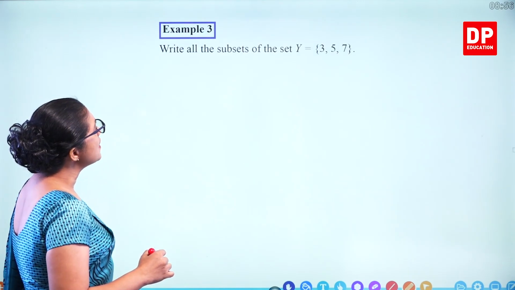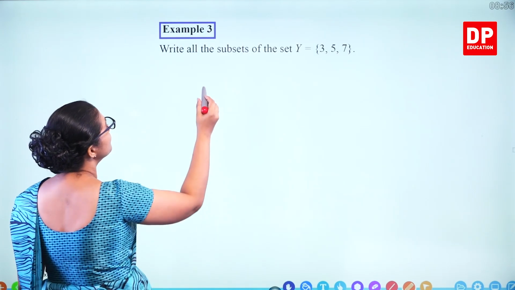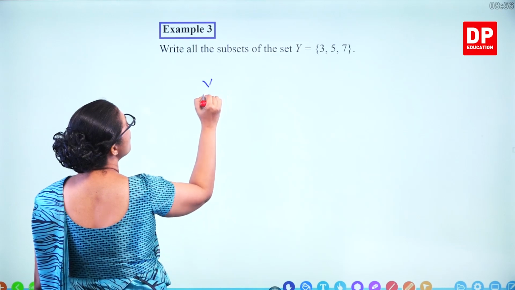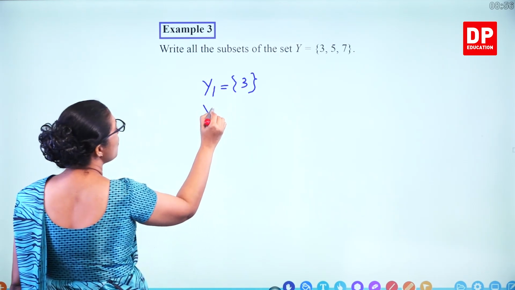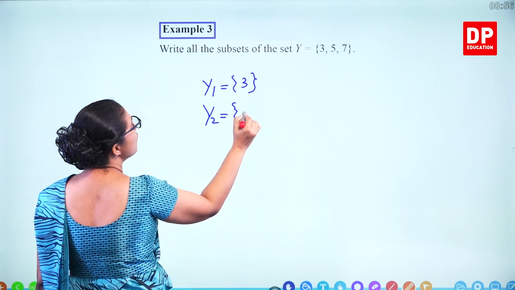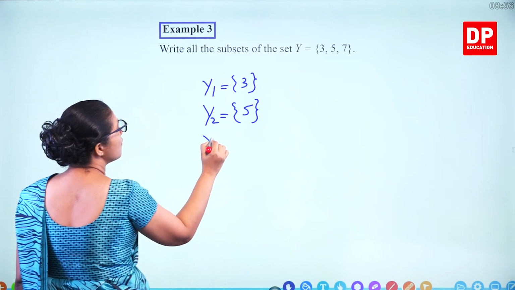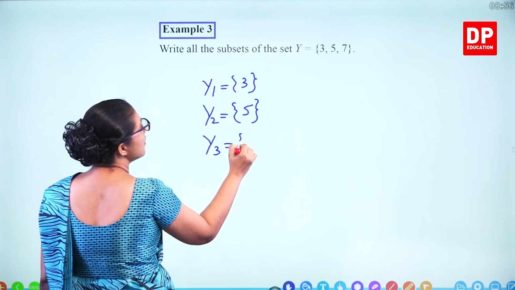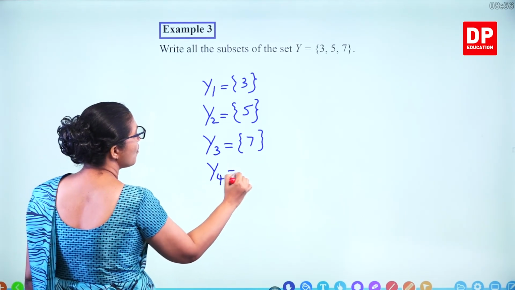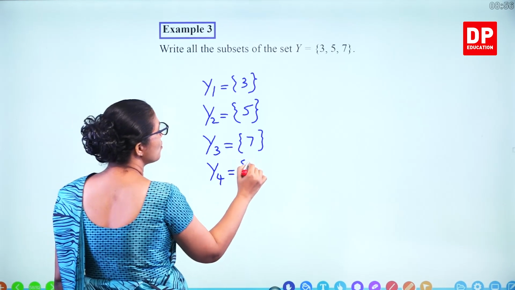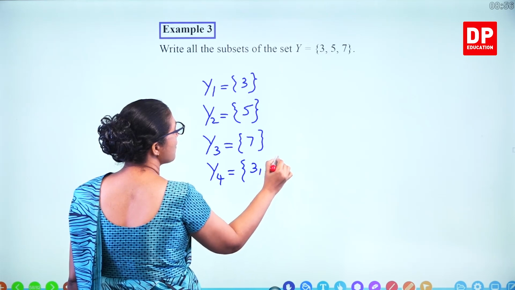Write all the subsets of the set Y. So what are the possibilities? Y1, {3}, Y2, {5}, Y3, {7}, Y4, you can write now 2 elements, {3, 5}.